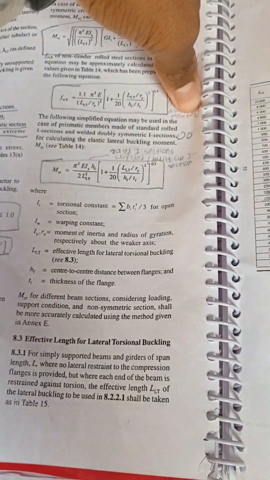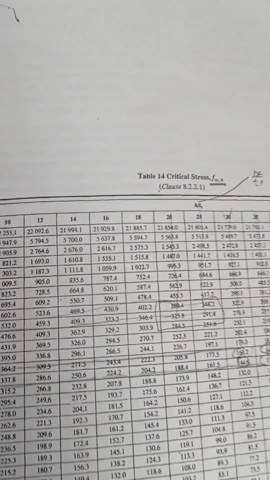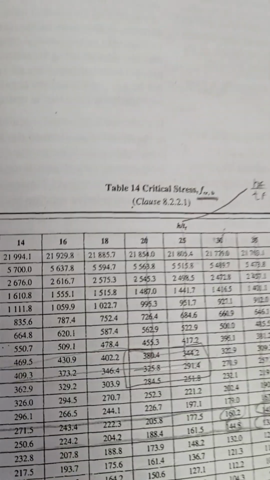So the table number 14, and the page number here is not given, but it's after page number 54. Next page, if you just open, then you will find table number 14. So here what you need is KL upon R and H by TF.